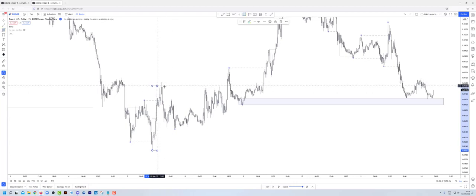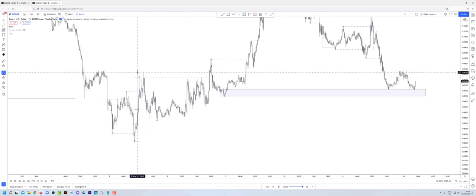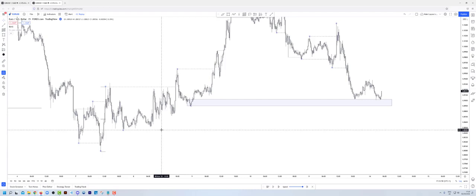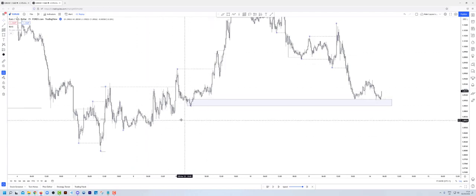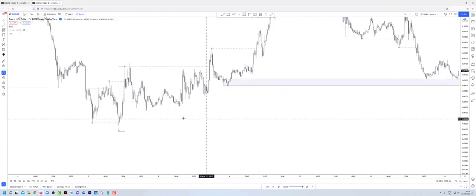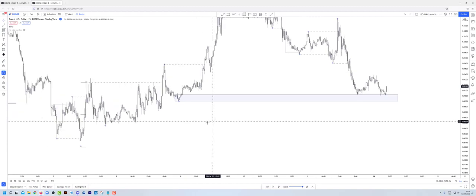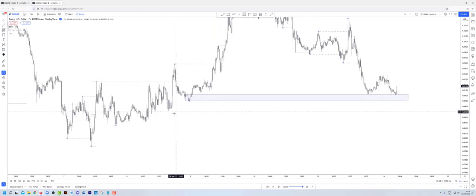Okay, so here was our leg, and yes, we can see price came back down to the discount before continuing to break structure to the upside. So okay, fair enough, we're pretty good from there. Ideally, we'd have mitigated a valid zone on the 15-minute at this point, but that's irrelevant for now.